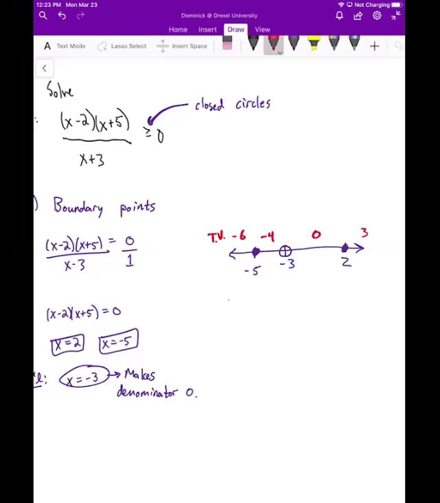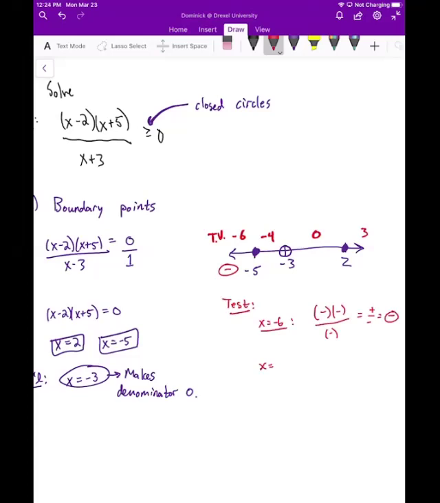So now if we plug these into our function here, if we look at x equal -6, -6 minus 2 would be -8, but more importantly, negative. -6 plus 5 is also negative. And if I have a -6 plus 3 in the bottom, that will also be negative. So what this will end up being is a positive over a negative, which is negative. So that's that first section.